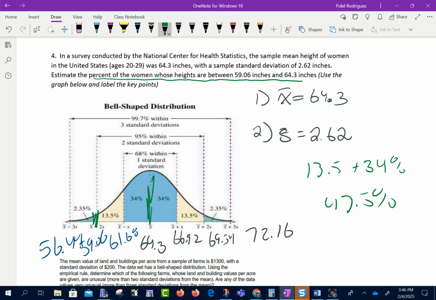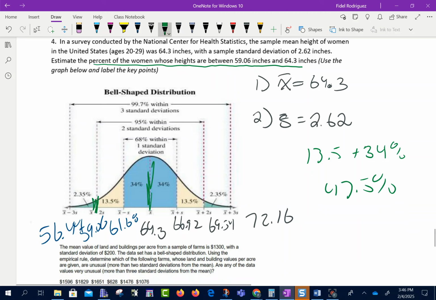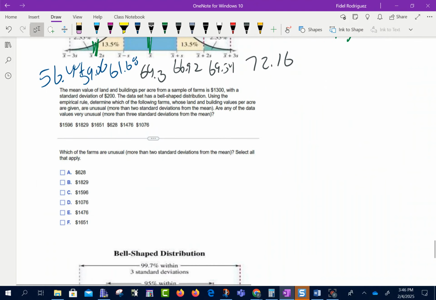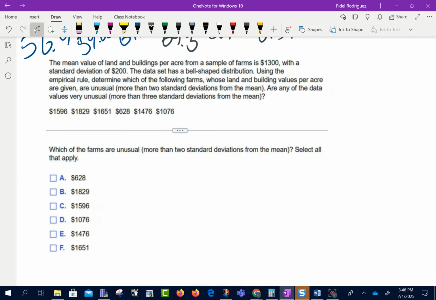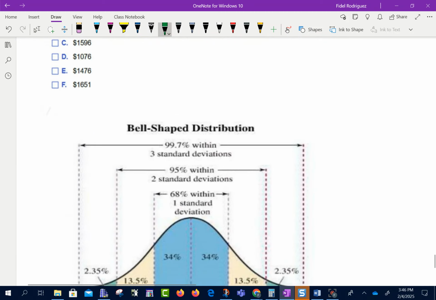Okay. And y'all, I got another problem here in my list. And let's see what it says. The mean value of land and buildings from an acre performs is 1,300 with a standard deviation of 200. Okay, so look, y'all, we got some information already.